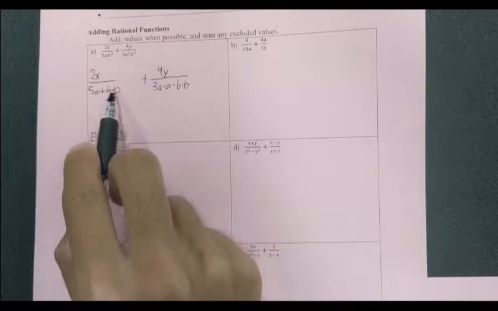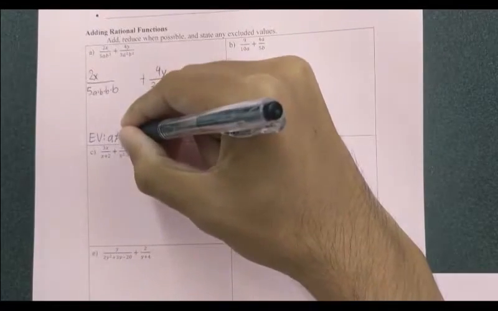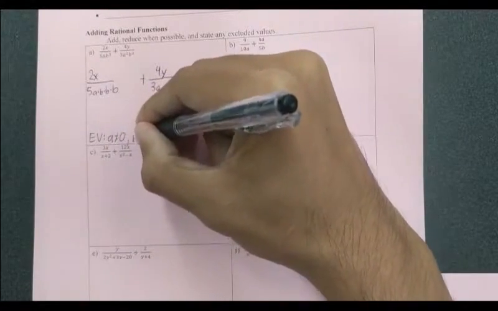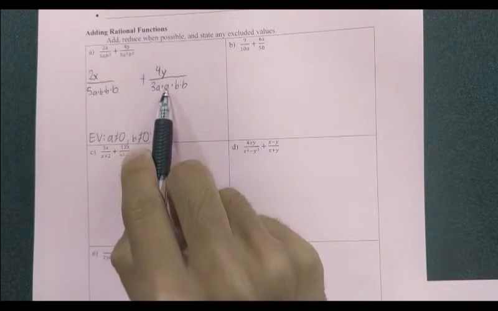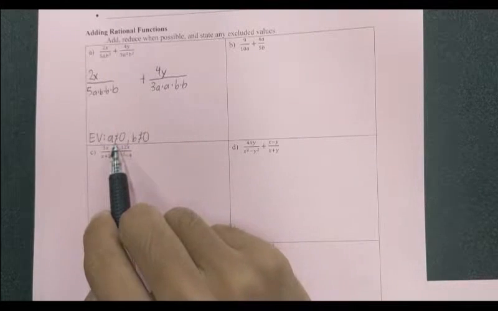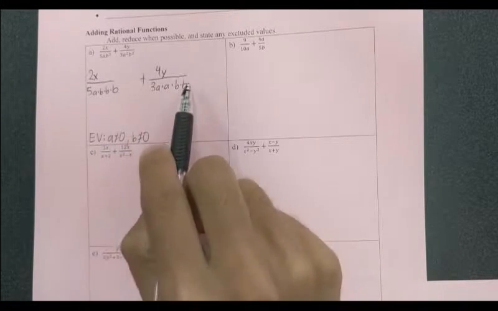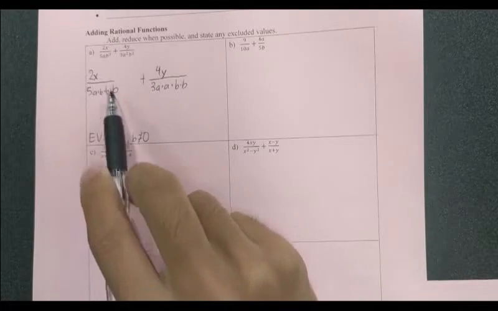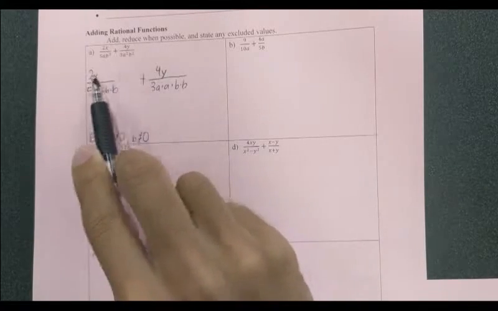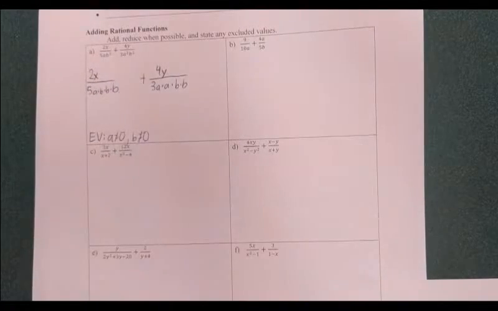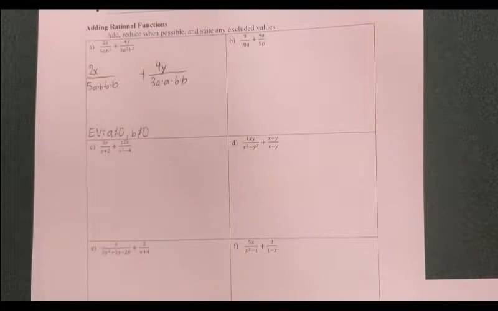If b is 0, this whole denominator becomes 0. Okay, if a is 0, this whole denominator becomes 0, but it was already an excluded value, and same thing with b. Remember, x and y, it's okay if they're 0. We don't care if the numerator equals 0 in terms of excluded values, only the denominator.